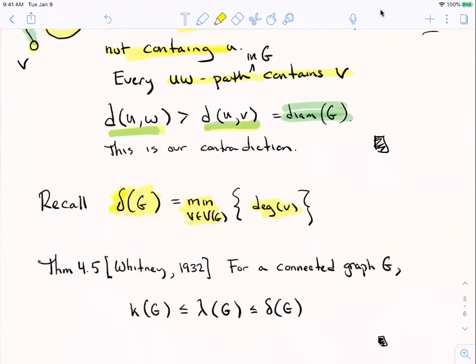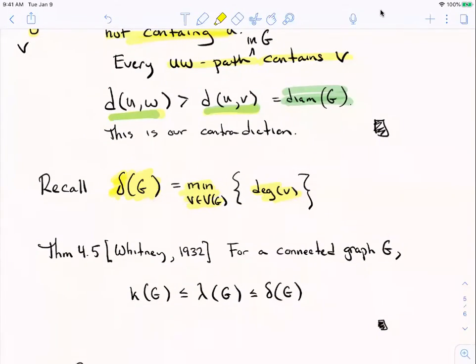And what Theorem 4.5 says is that if you take a connected graph, and I believe this is true for more arbitrary graphs, but let's just state it for connected graphs, the vertex connectivity, the minimum number of vertices that you need to remove to disconnect the graph, is never more than the edge connectivity, the minimum number of edges that you need to remove.